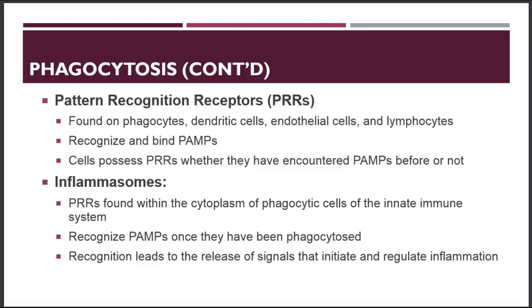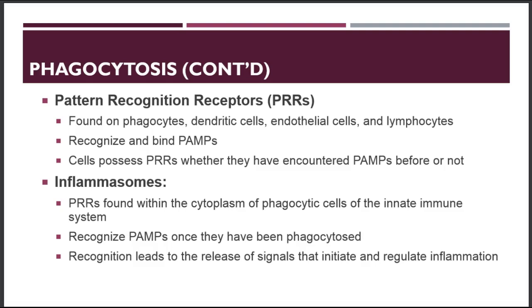Inflammasomes are PRRs that are found within the cytoplasm of our phagocytic cells, and they recognize those PAMPs of our pathogens once they have been engulfed. So once they've been brought into or ingested by the cell, then these receptors in the cytoplasm are going to recognize those.